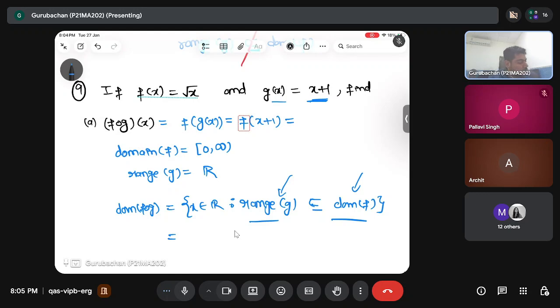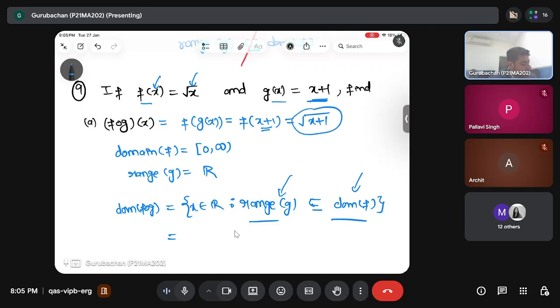Yes, sir. So when you give input x to the f function, it will give you under root x. When you put x plus 1, what will it give you? Under root x plus 1. You are just replacing x by x plus 1. So this is your composition.